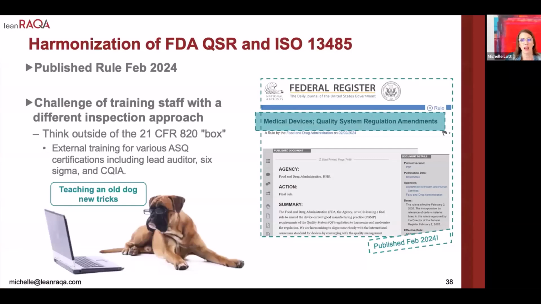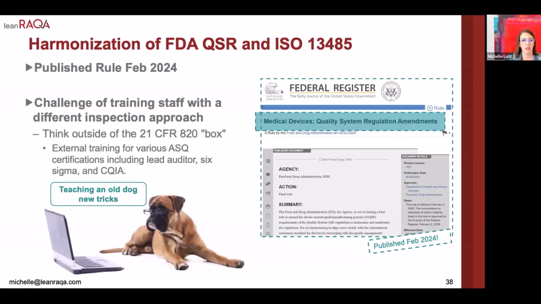I've got just a handful of slides on the QMSR, or the Quality Management System Regulation, which came out just last Friday. I'm not going to get into any detail here because I'm doing a whole separate presentation. We're going to do a whole hour on just the QMSR. So I'm going to skip through these, but just know that it's here now and it's coming, and we're going to do a deeper dive on it.